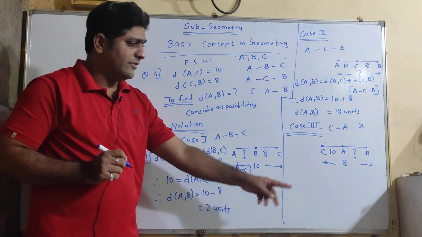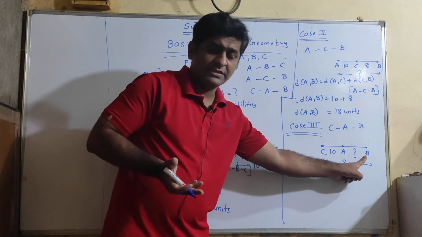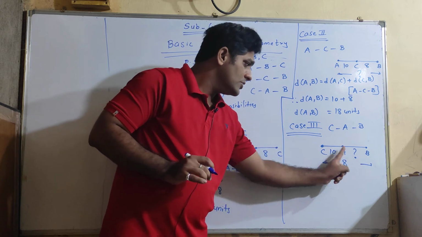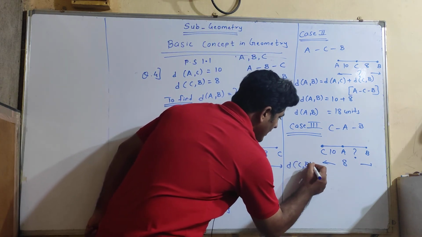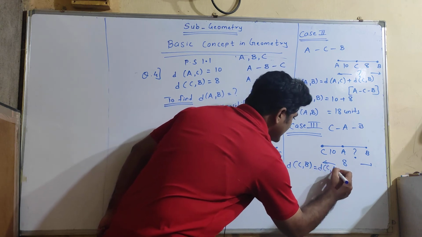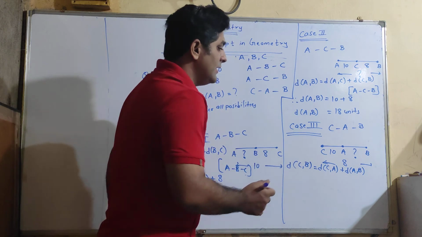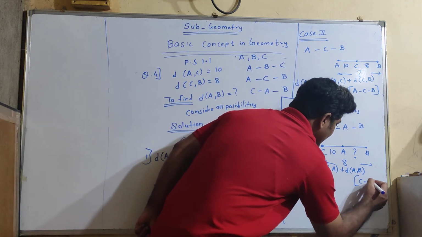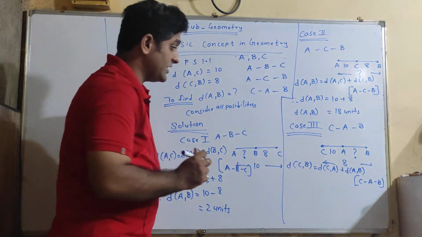Again, look at the figure. When you look at the figure, CB is the greater distance because we are going to follow the figure. So CB is equal to distance CA plus distance AB, in bracket reason C-A-B. Correct? Let us substitute the value now.